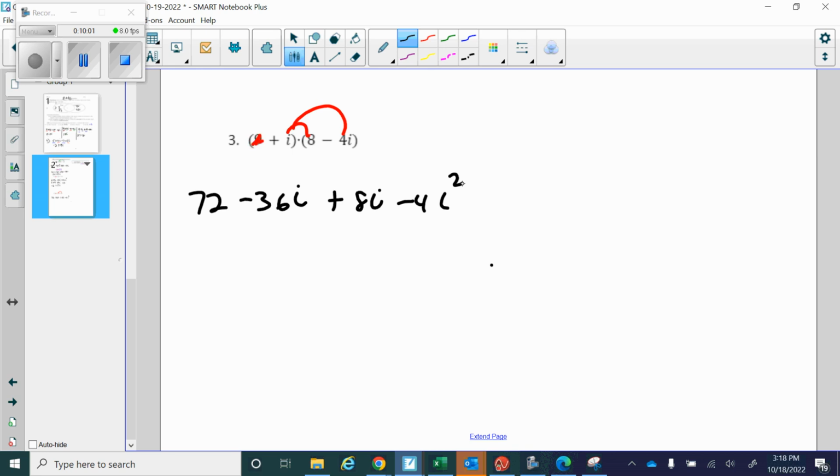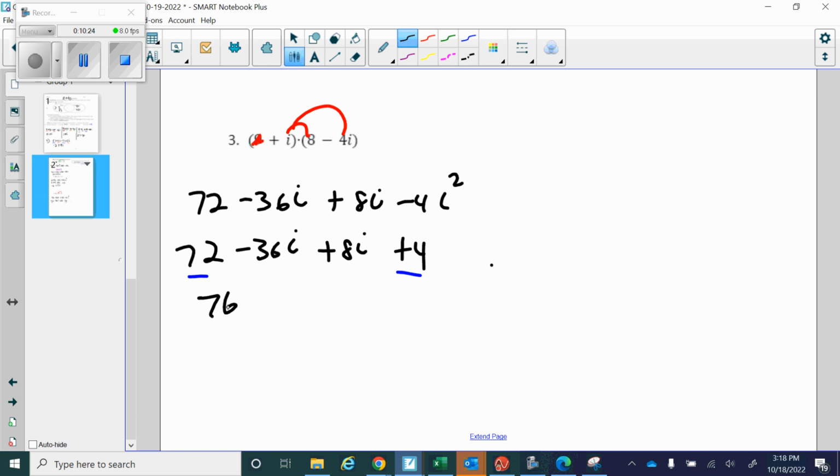Okay, so remember, i squared is -1. -1 times -4 is a +4. And then we'll have plus 8i minus 36i and 72. Combine like terms now. 72 and 4, that is 76.